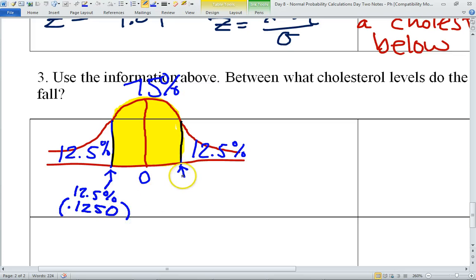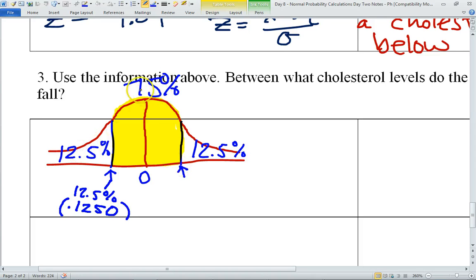Now, looking at this next boundary over here, I'm not going to just use the 75. I need the percentage of this picture that is everything to the left of this boundary. Okay, because that's what those numbers on the table are. They're numbers all the way to the left. So I'm going to have to add what two numbers to find the percentage to the left of this arrow?